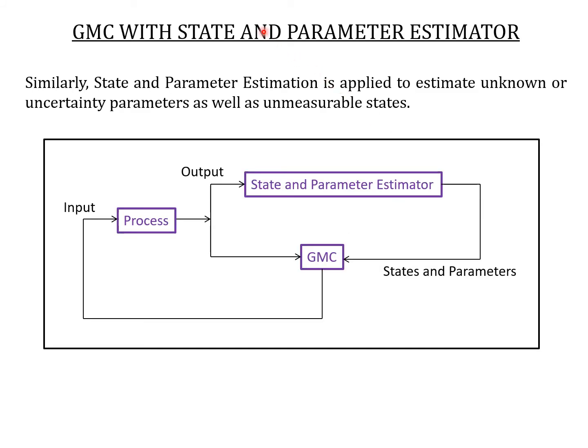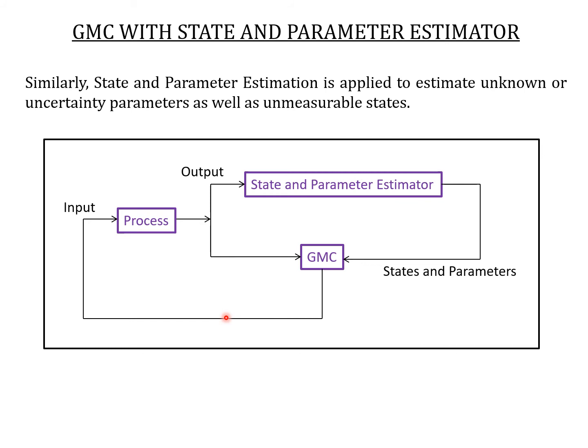The other thing is that GMC can also be used with a state and parameter estimator, because at the end of the day, we need to be able to measure the output. The output of the process is needed. For GMC, you need the output y, say y equals x1. It's very important for us to be able to measure that, because we need the error: the set point minus the actual measurement. If we're not able to measure, we're not able to implement the GMC.